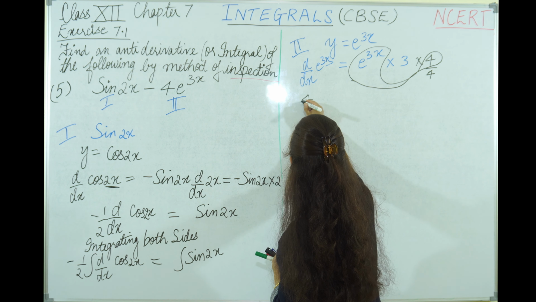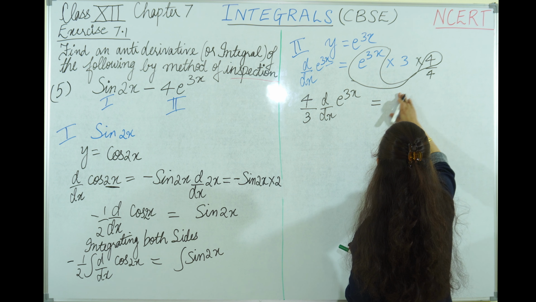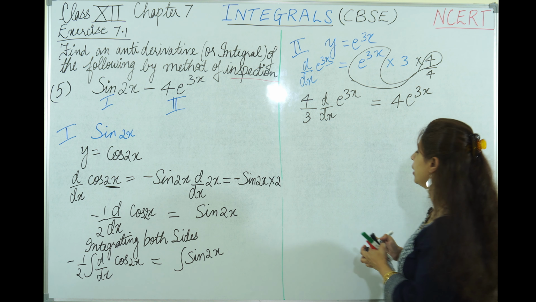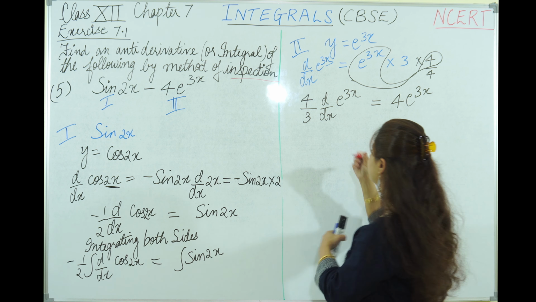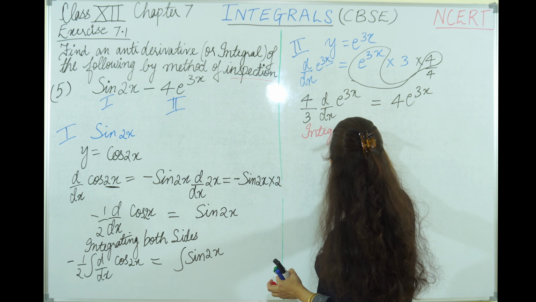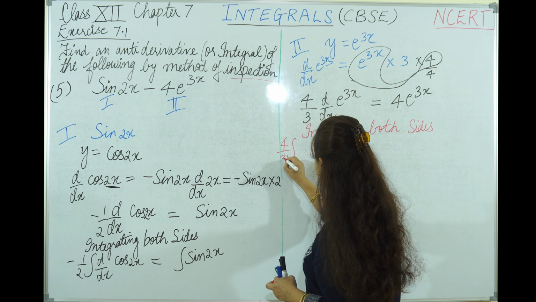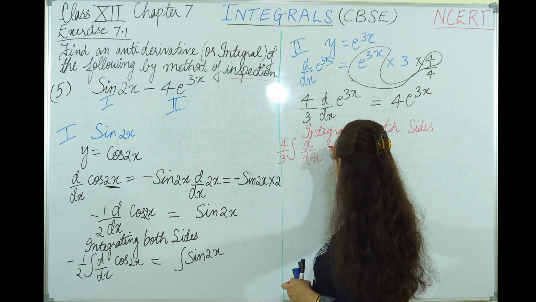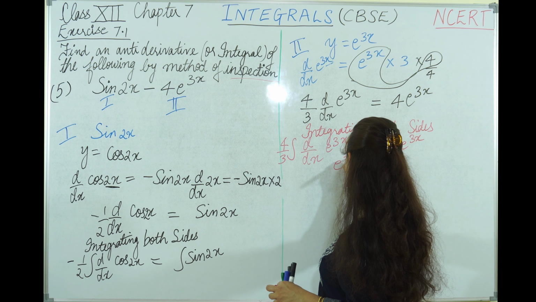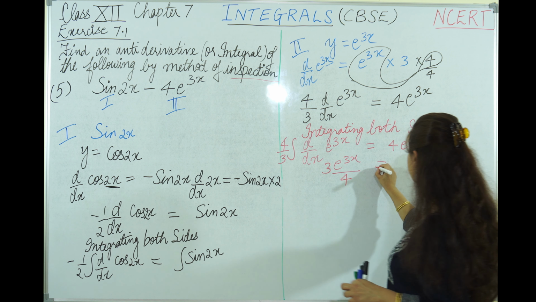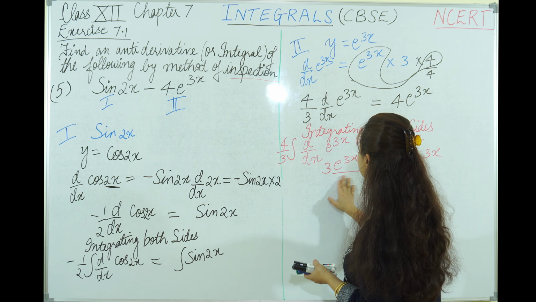So here we get 4 by 3 d over dx of e to the power 3x is equal to 4e to the power 3x. Now we integrate both sides. 4 by 3 is a constant, so we can take it outside. The derivative of e to the power 3x, when integrated, leaves e to the power 3x upon 3, times 4, equals 4e to the power 3x. Sorry, it is 4 upon 3.